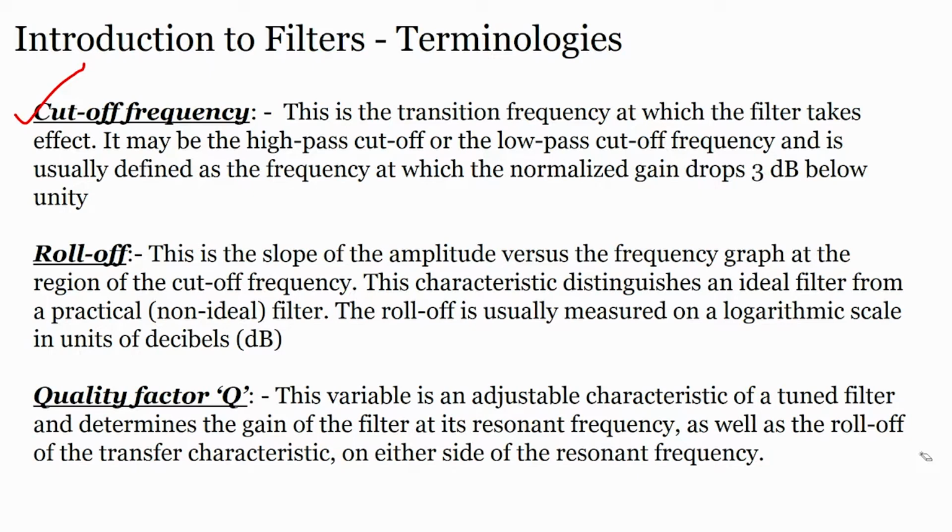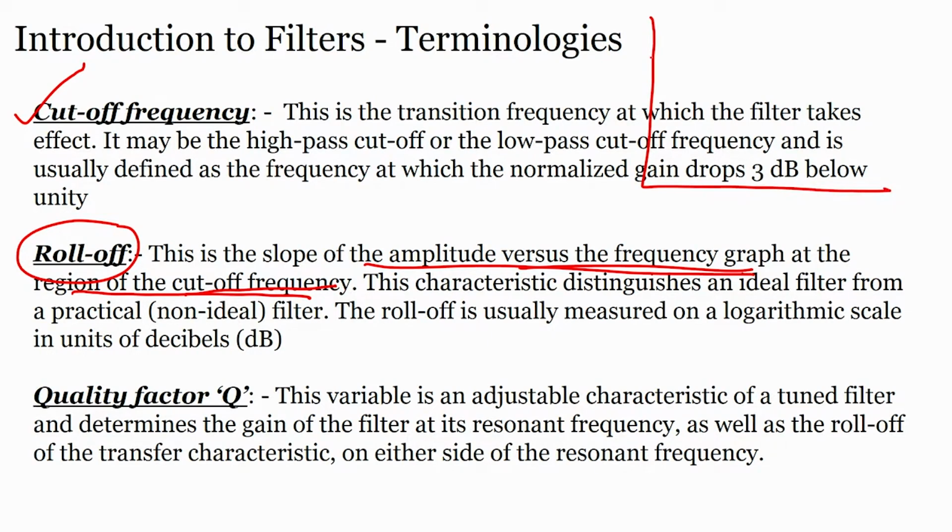Second attribute, what second attribute? Roll off, right. This is the slope of the amplitude versus frequency graph at the region of the cutoff frequency. So, you will see in the next graph that ideally it should be like this, right.